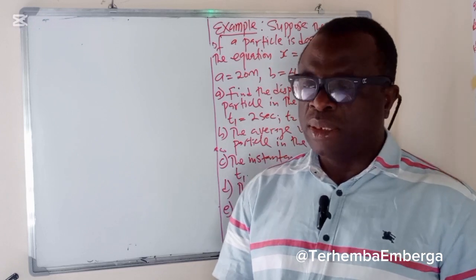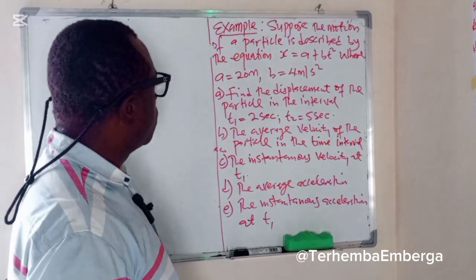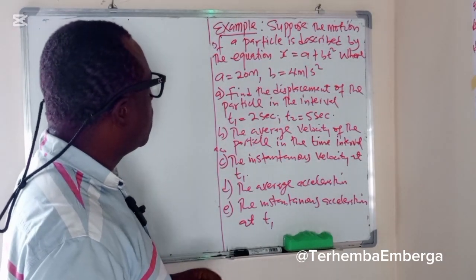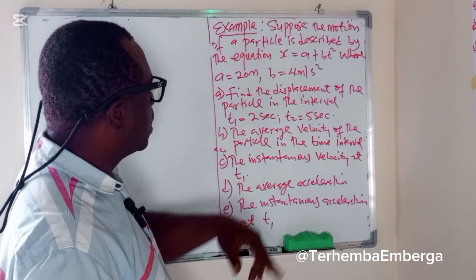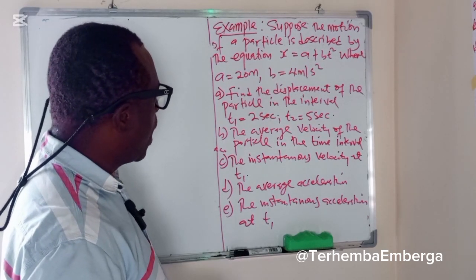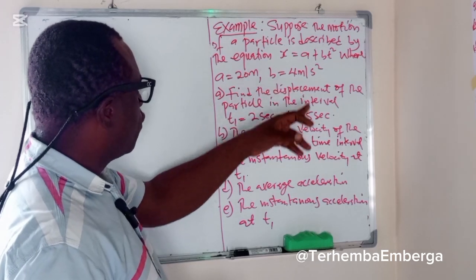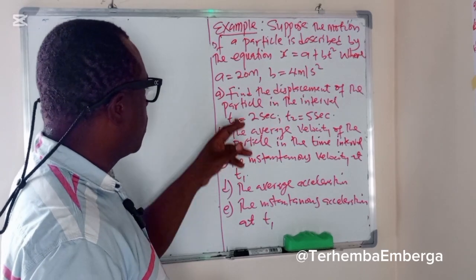So these are the things. We have a problem here. Suppose the motion of a particle is described by the equation x equals a plus bt squared, where a is 2 meters, b is 4 meters per second squared.